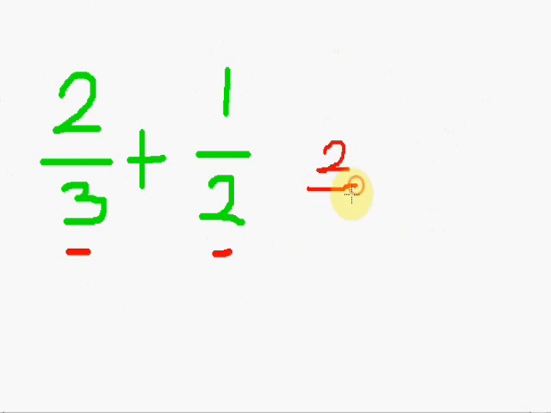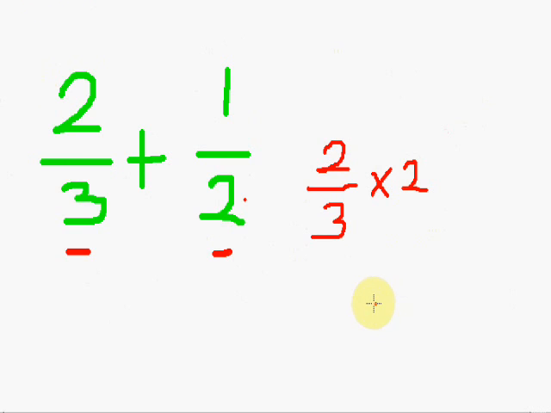We're going to multiply first 2/3 by 2. When we do this, we must multiply both the numerator and denominator by the 2, because our aim here is to find a common denominator so we can perform the operation.